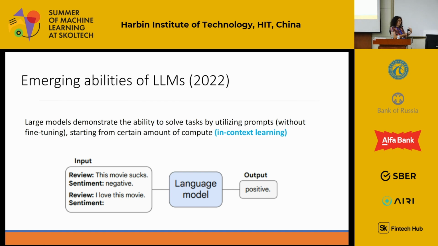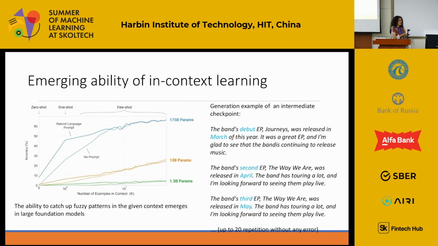The real problem was that the model could not extract patterns from the prompt and imitate this behavior. That is the example of in-context learning: we may provide some question, answer, and a new question, and then the answer.